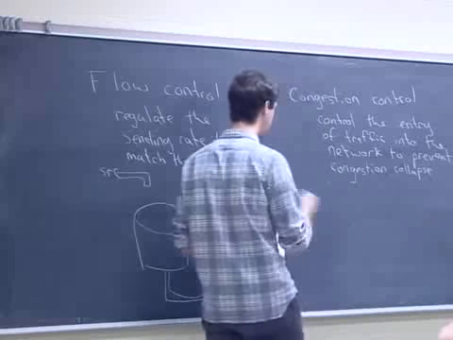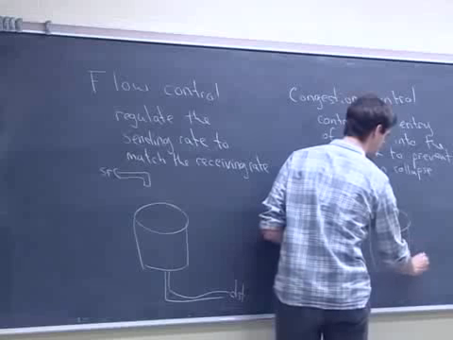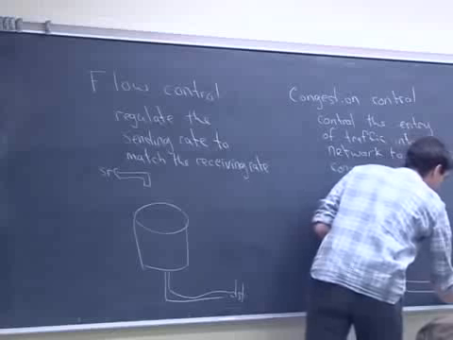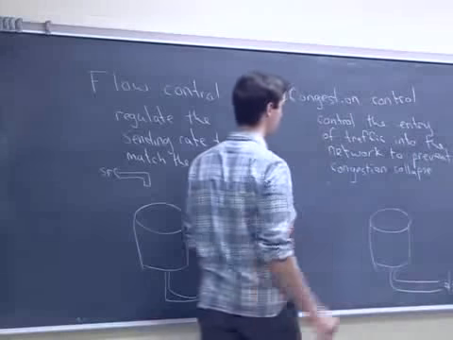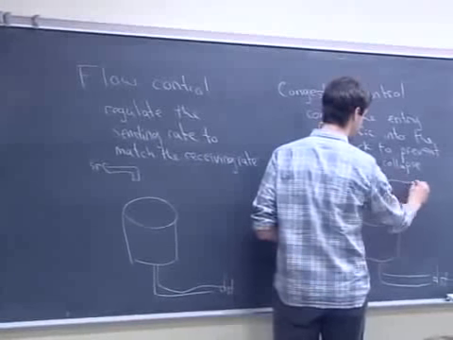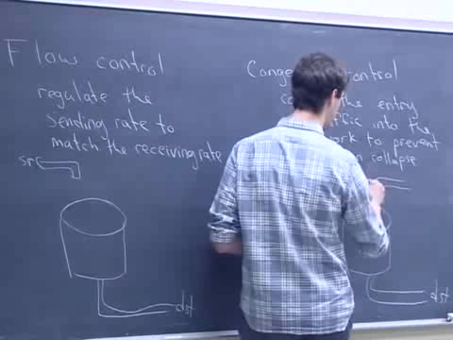So we can extend this analogy for congestion collapse. If we have this bucket, we again have a drain at the bottom going to our destination. Then for congestion control, now we have multiple faucets putting water into this bucket.